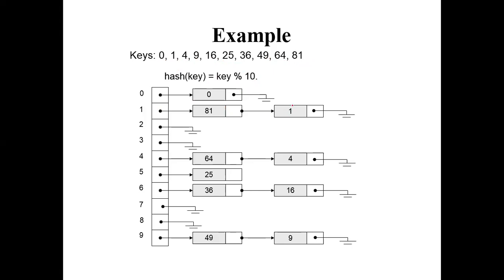First we add these, and then 4 modulus 10 is 4, 16 modulus 10 is 6, and 25 modulus 10 is 5. For 36 modulus 10, we already have 16, so here we have a collision and we chain it, using a simple linked list to connect all the items in the same collision area.